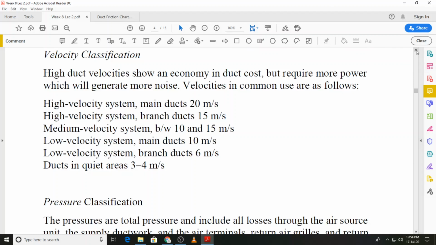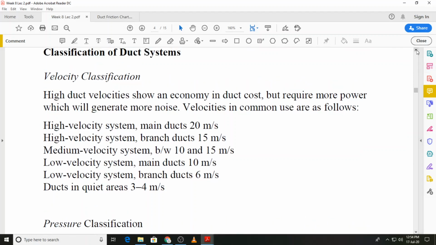We now move on to the classification of duct systems, and the classification can be done on two bases. One is the velocity classification and the other is pressure classification. The velocity classification again has three principal categories, that is high, medium and low velocity systems.